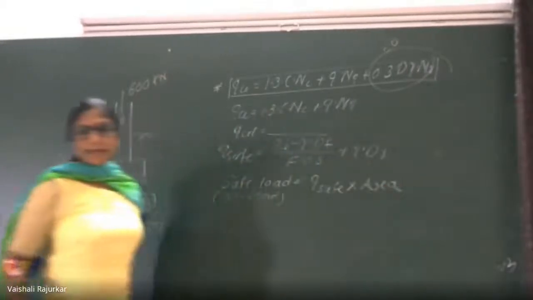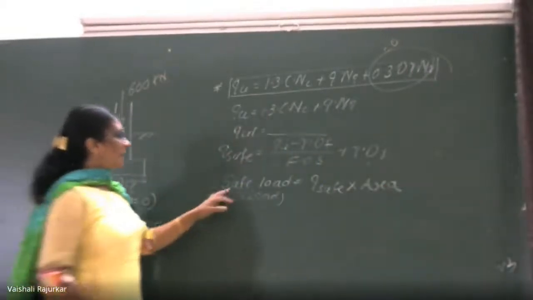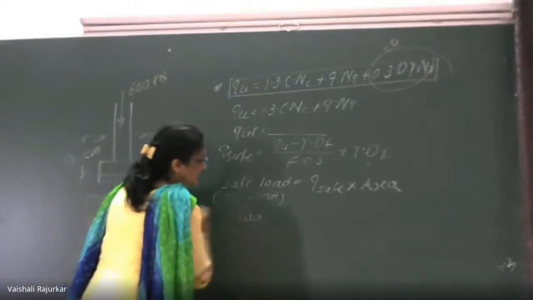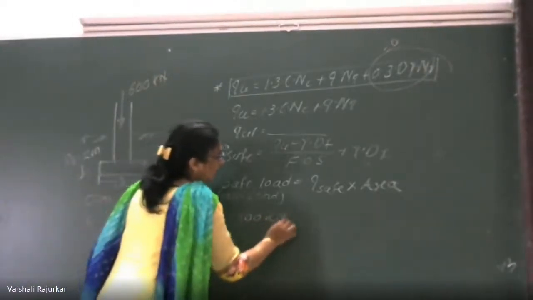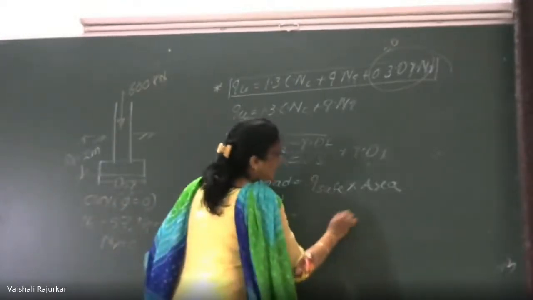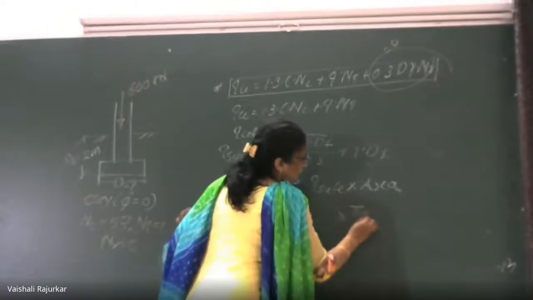Multiplied by area of the footing. Now here this safe load is given as 600 kilonewton, and then what will be the area of the circular footing?